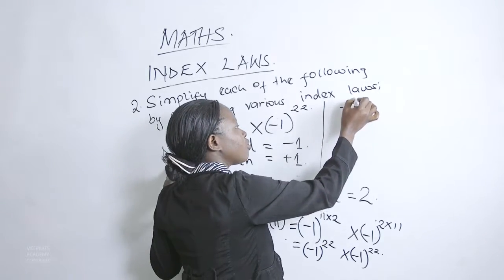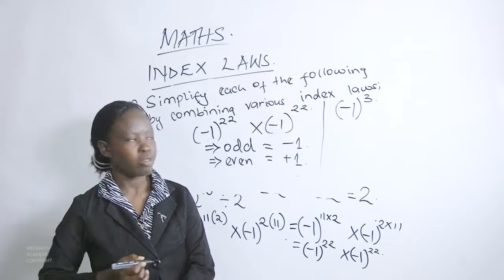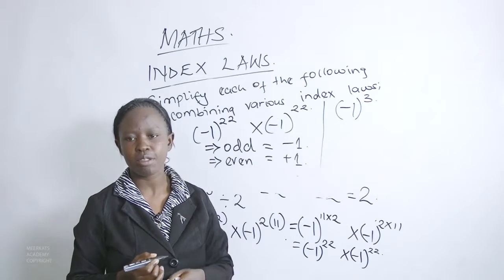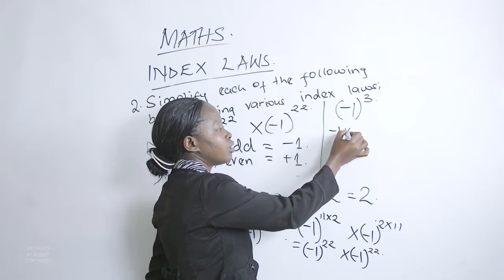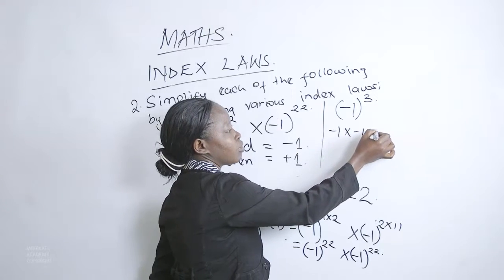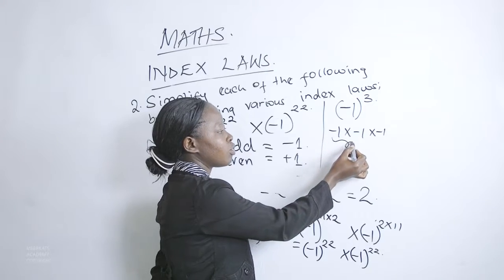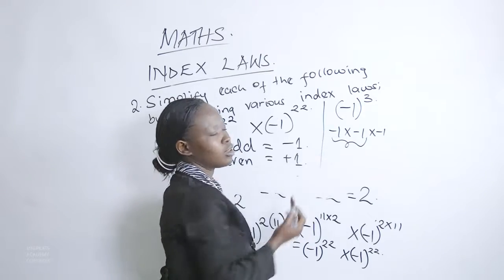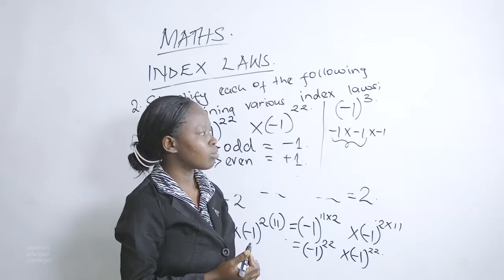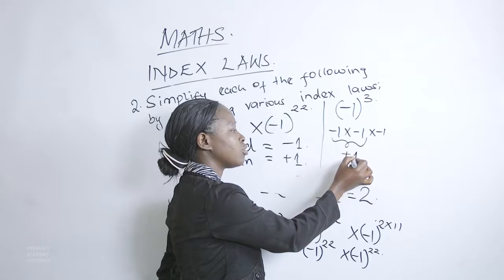If I have negative 1 to the power of 3, 3 is an odd number, so my negative 1 is repeated 3 times: negative 1 times negative 1 times negative 1. If I start with the first 2, a negative number times a negative number gives a positive number, so it gives me a positive 1.